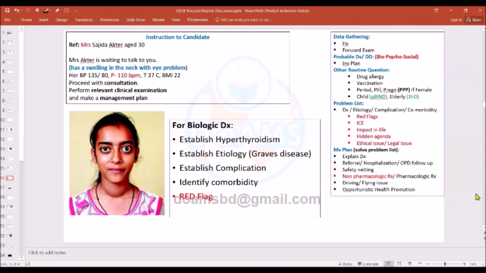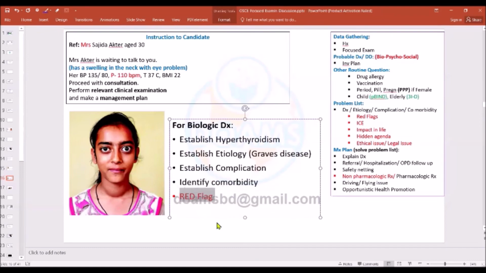For example, you need some signs, what we discussed before, from the hand up to the leg. Some signs to diagnose hyperthyroidism. Some signs to diagnose Graves' disease. Some signs to say there are these complications. Some signs to say there is comorbidity. Some signs to say red flag.